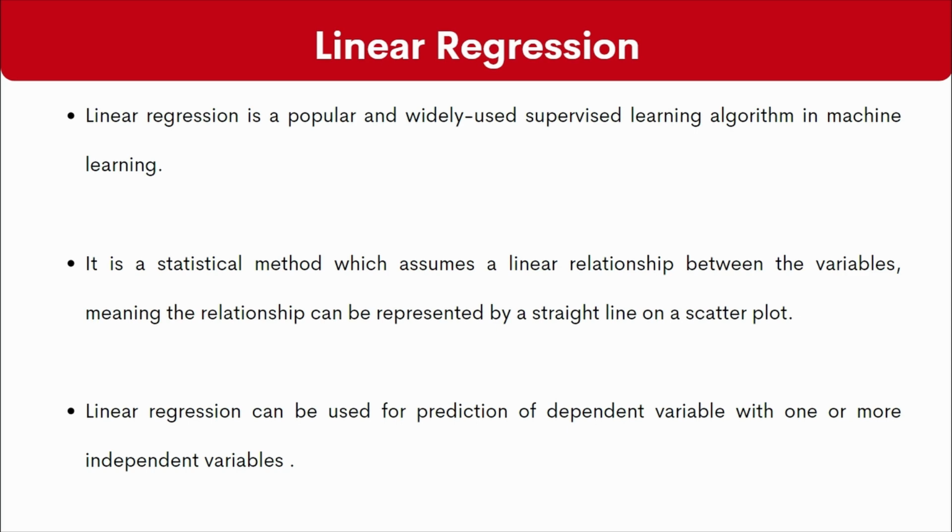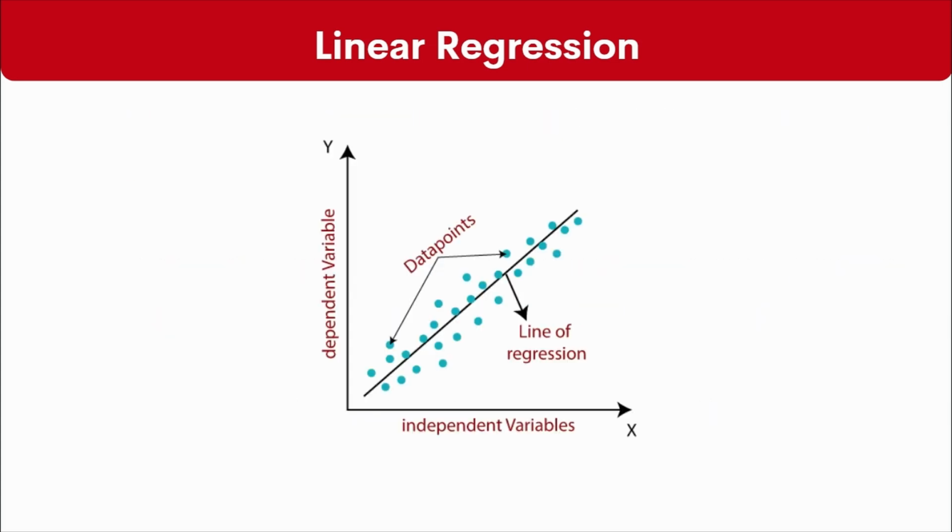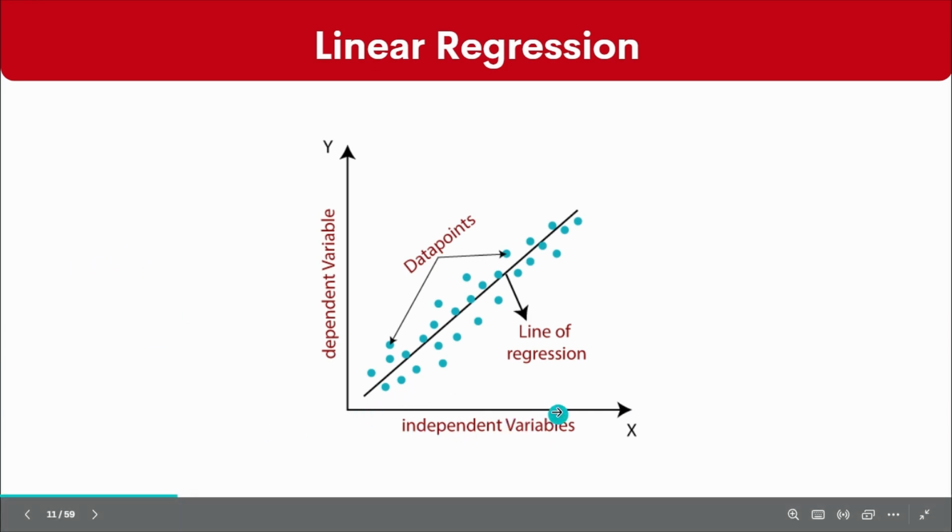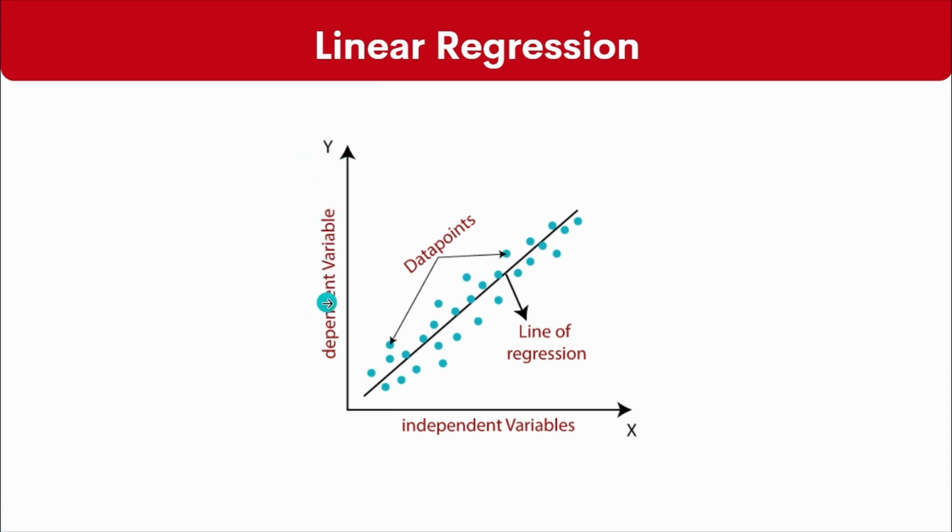So that's how we will be using the relationship between independent variable and dependent variable, by plotting it in a straight line on a scatter plot. I'll show you. We will have our independent variable x, which can be one column, one feature, or multiple features, and this y is going to be our prediction value, which is the target.